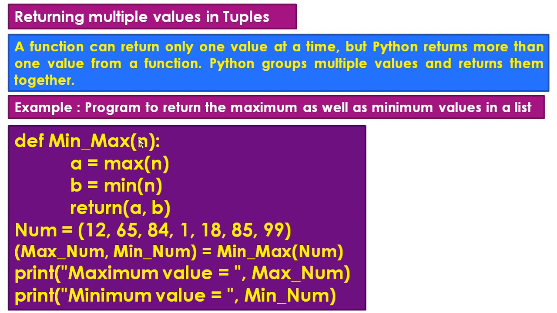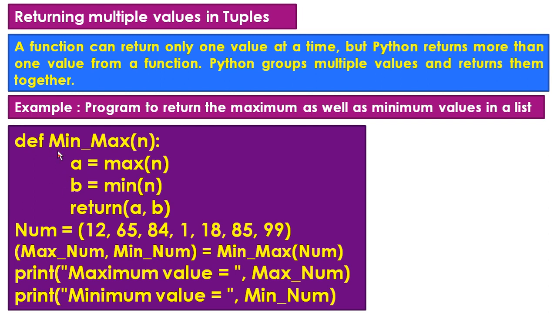So n is now assigned 12, 65, 84, 1, 18, 85, 99. By using the max and min functions, we find out the maximum value and minimum value of the tuple. The maximum value is assigned to a and minimum is assigned to b. So 99 is assigned to a, 1 is assigned to b.